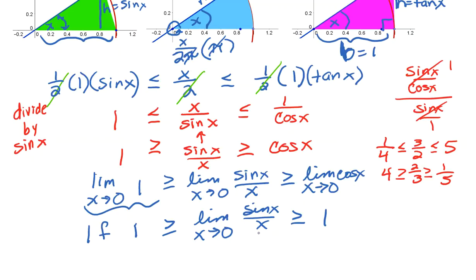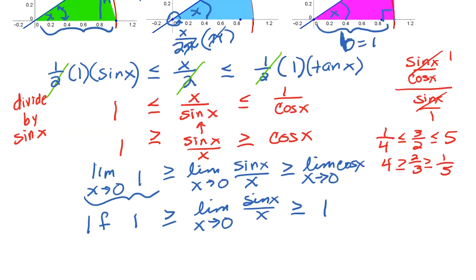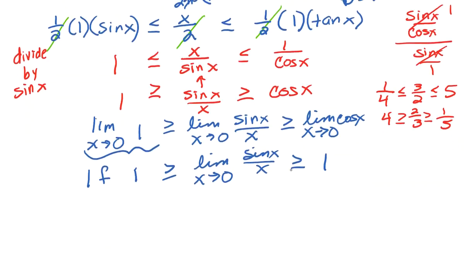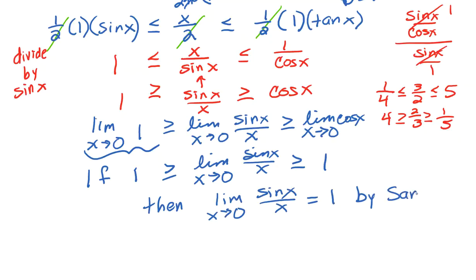If we have a limit that fits between 1 and 1, I guess we have squeezed it to be exactly equal to 1. So then we know that the limit as x goes to 0 of sine x over x must be exactly equal to 1 by the sandwich theorem or the squeeze theorem. Same theorem, two different names.